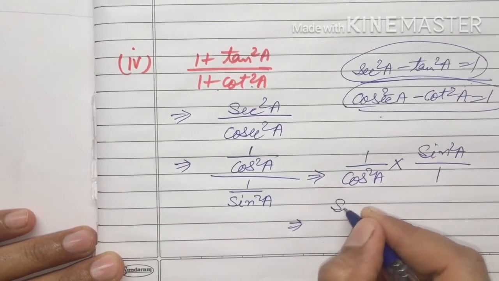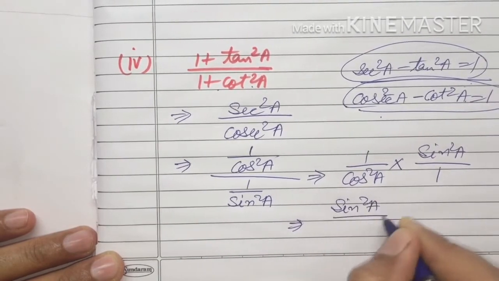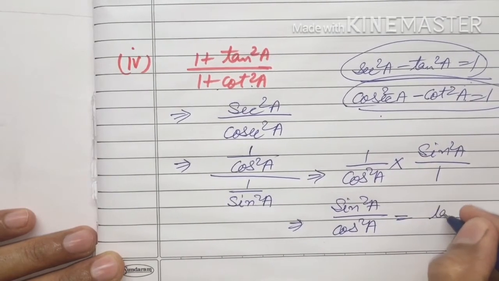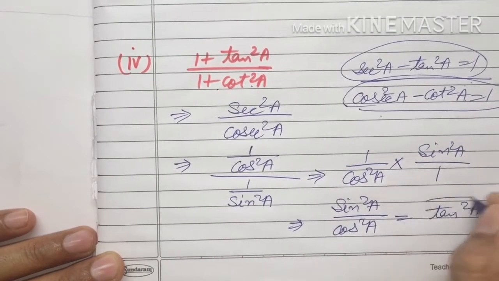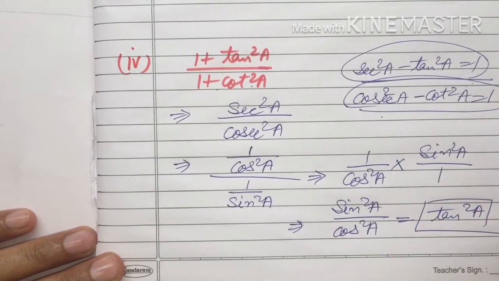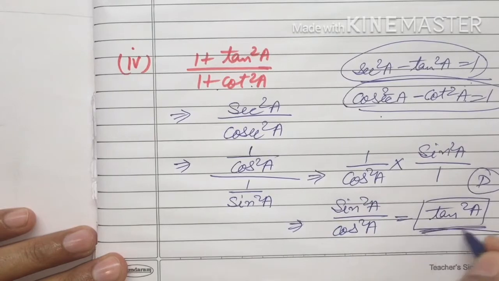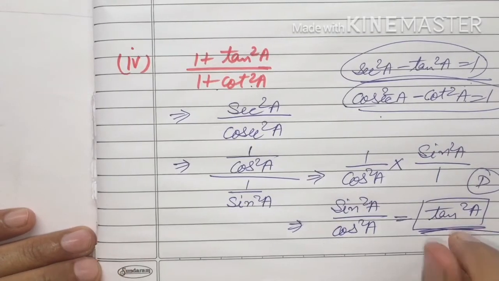So it will be sine square A upon cos square A, and this is tan square A. So according to the given options, D is our answer, tan square A is our answer.